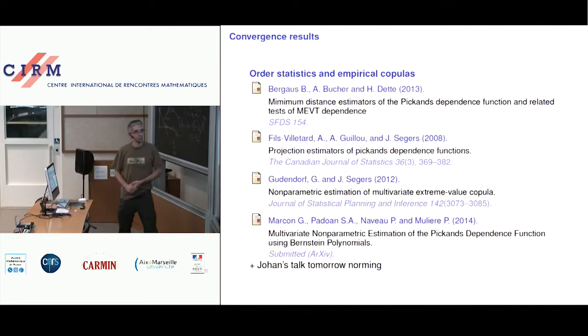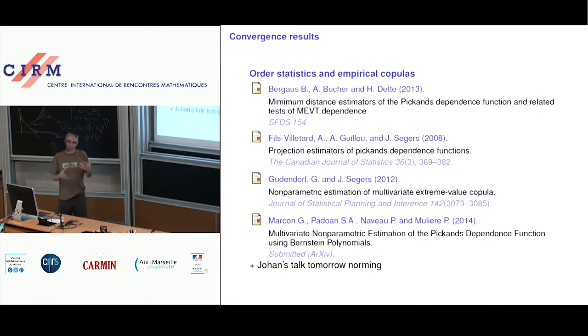And maybe, I don't know if Joanne is going to speak about that or not tomorrow, but we'll see. In terms of the projection, if you take an estimator and then you want to project it, you can look also at the paper by Amélie, Armel, and Johan. And if you want more details about the convergence results for the spatial estimator we have, you can go on arXiv and find our paper.